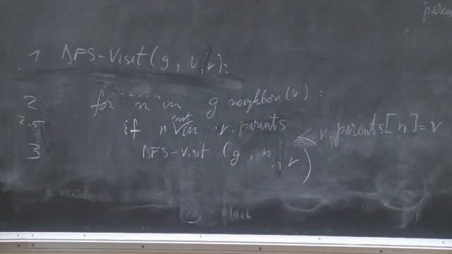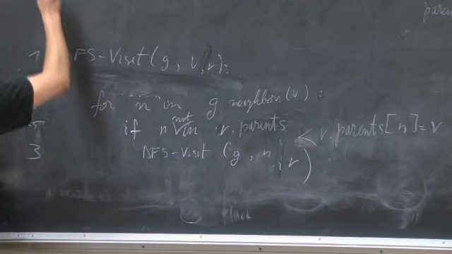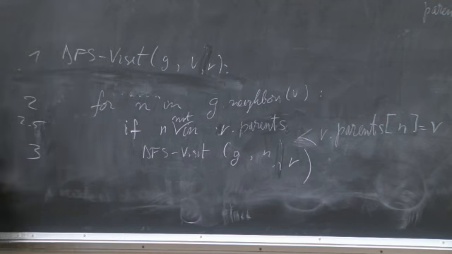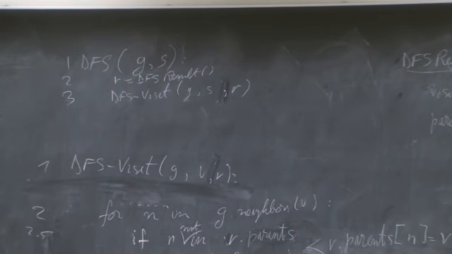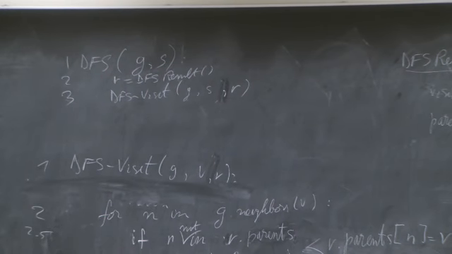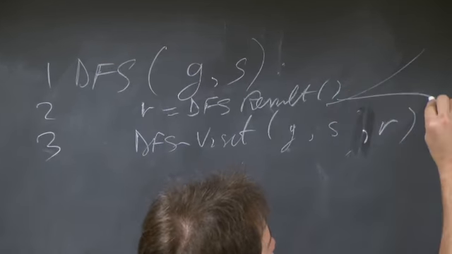And what else do we need? There's one missing parent, the first one. Where do I set it? Put that in DFS. Which line? 2.5. All right, so here. What do I write?